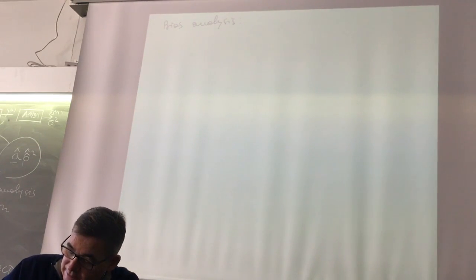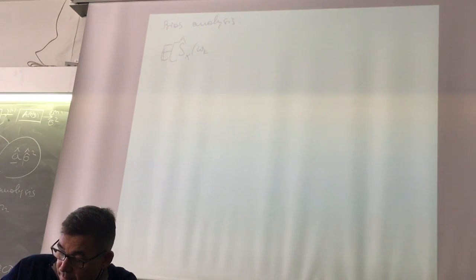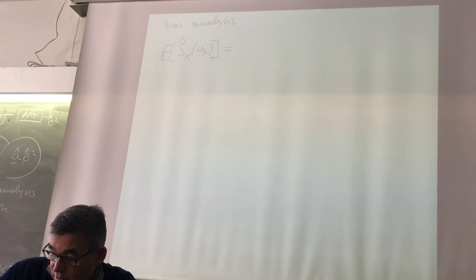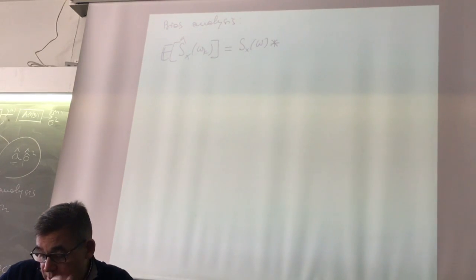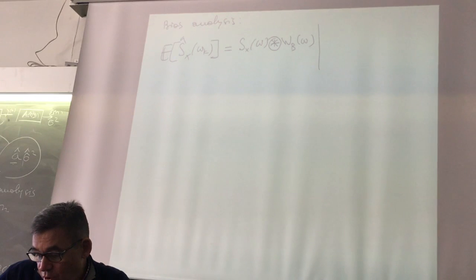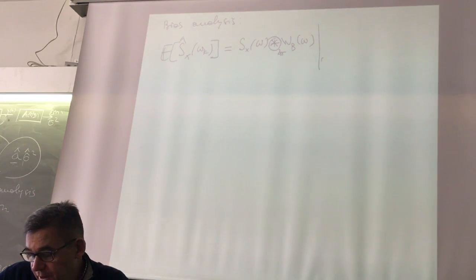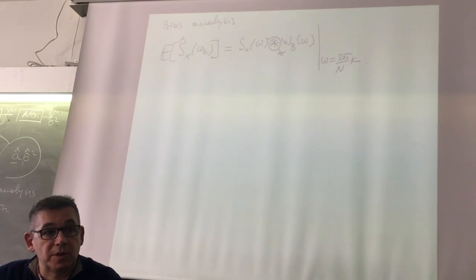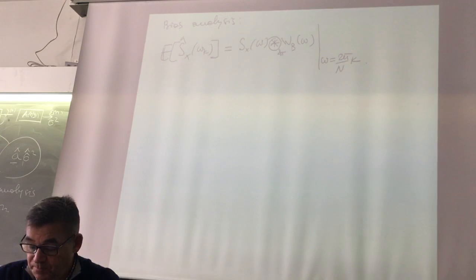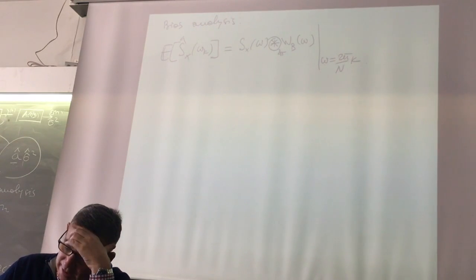The expectation of the periodogram is equal to the true power spectral density, the one that we just plotted, convolved with a certain window, which is the Fourier transform of the Bartlett window. It is a circular convolution on a period of 2 pi, and then everything is sampled at 2 pi divided by N multiplied by k. This is the bias.